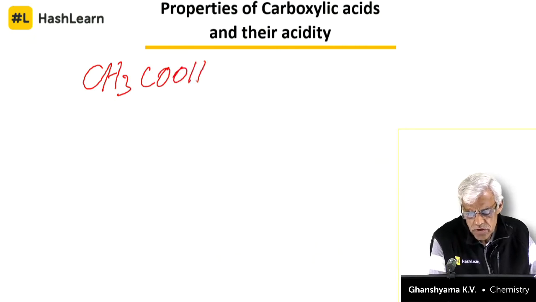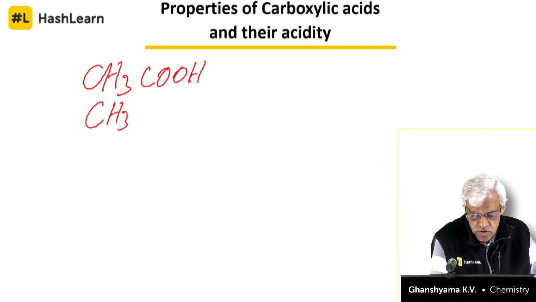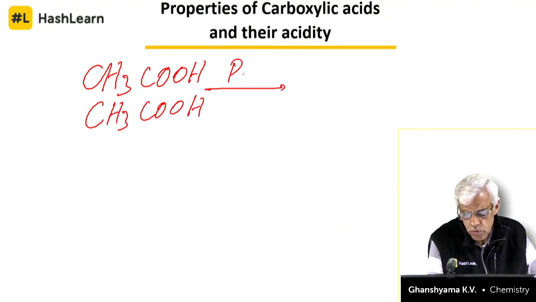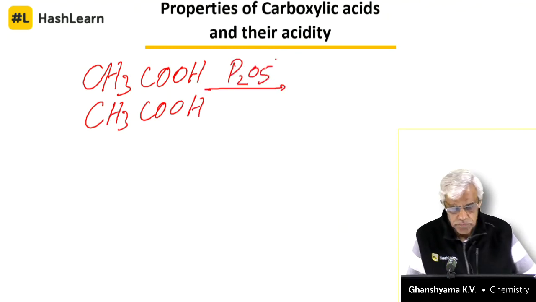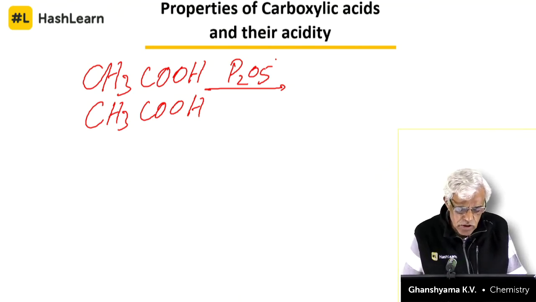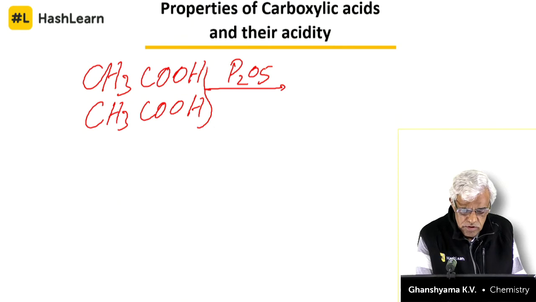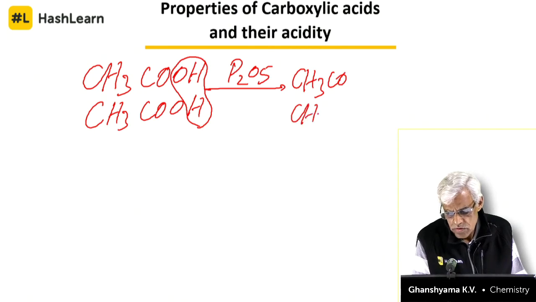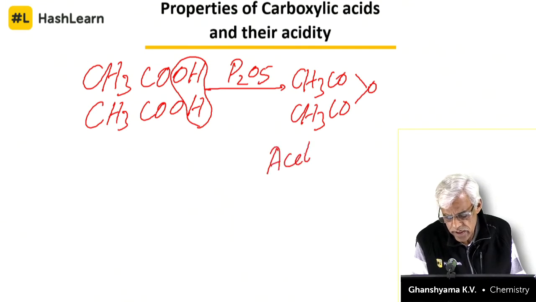So, if you treat a carboxylic acid with P2O5, same reaction, dehydration takes place, giving CH3CO-O-COCH3. Acetic anhydride is obtained.